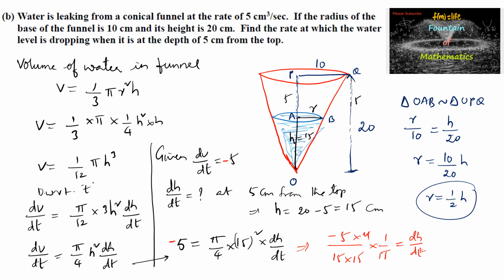On further simplification, 5 here 3 times, so we can write dH by dt is equal to minus 4 divided by 45 pi centimeter per second. So the rate at which the water level is dropping is minus 4 upon 45 pi centimeter per second. This is the answer.